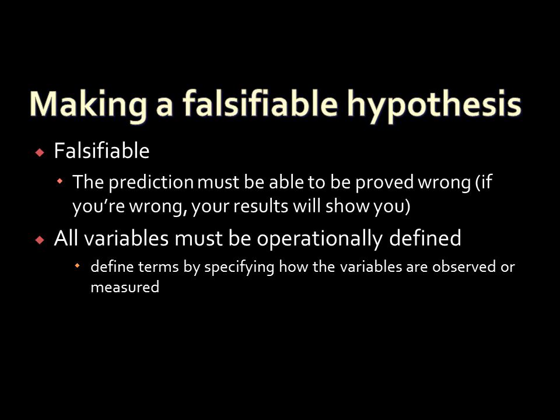You could define a variable like pain, for example. Let's say that you have come up with a way to reduce pain. An operational definition of pain could simply be a self-report rating of pain. You could ask someone, how much pain are you in on a scale of 1 to 100?